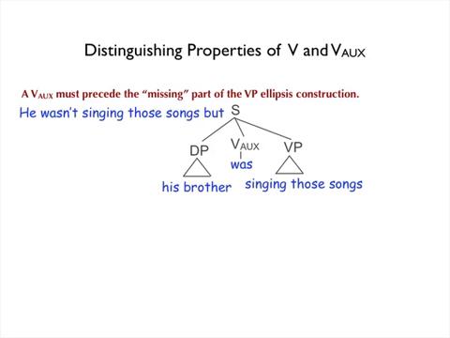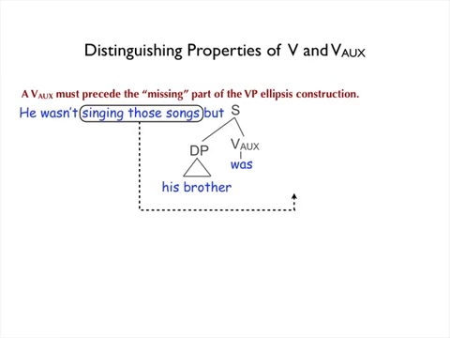How would we say it? But his brother was, because those things are the same, we just get rid of that part, right? So that's the verb phrase ellipsis phenomenon that has been used as one of the kinds of evidence that one would have for what the internal structure of the clause is.